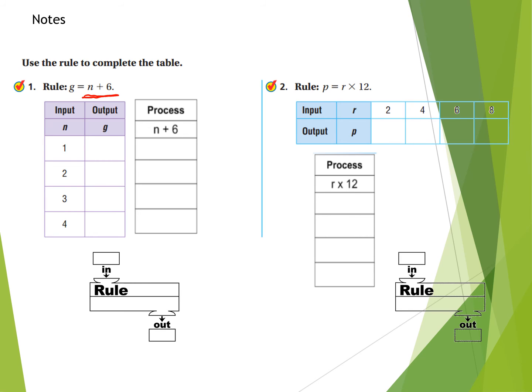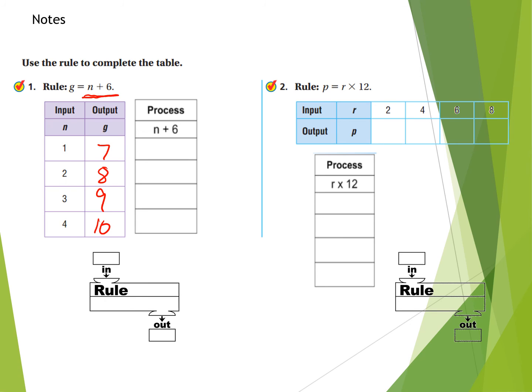So I'm adding 6 to my N, where N is my input number. So if I change N to 1, my output would be 1 plus 6, which is 7. I change N to 2, 2 plus 6 is 8. Change N to 3, 3 plus 6 is 9. Change N to 4, 4 plus 6 is 10.